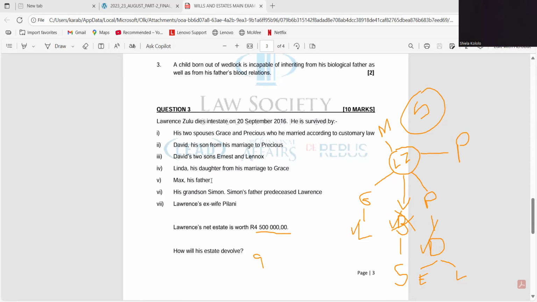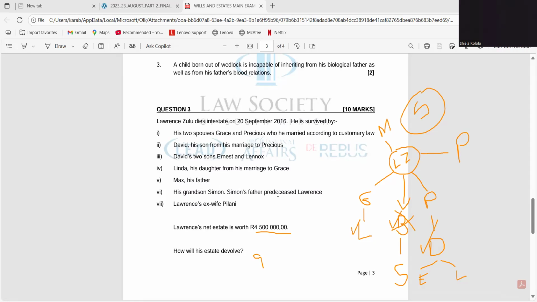Max, his father, will not inherit. Why? Because we give preference to descendants before ascendants. If Lawrence did not have these people, we would obviously go up to Max. But unfortunately he's got descendants, so ascendants will not inherit. That's your answer. His grandson Simon.